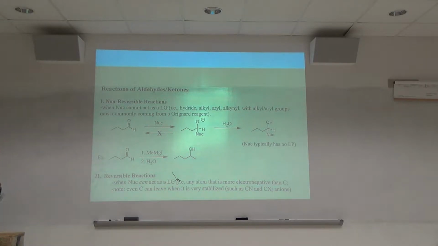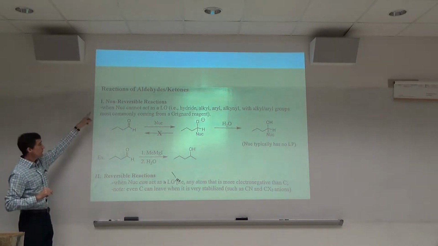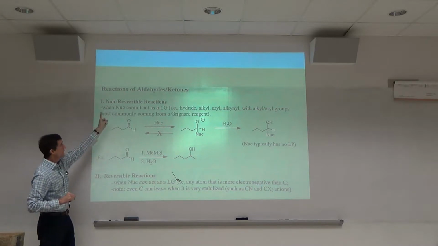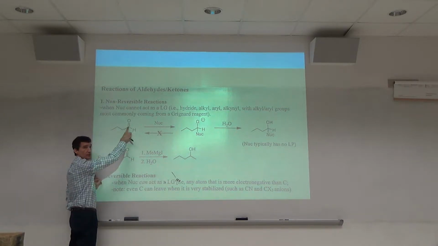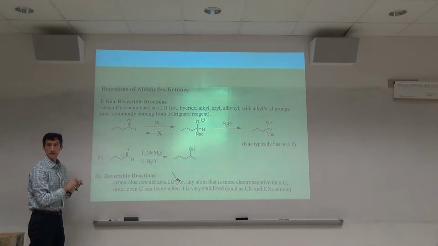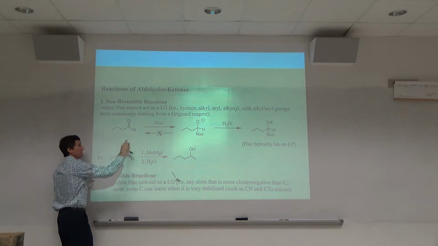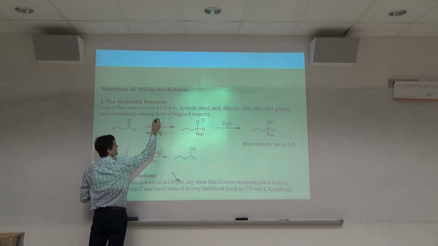Okay, two types of reactions. Roman numeral 1 and Roman numeral 2. Non-reversible. Now the reaction is we're going to add a nucleophile to the carbonyl. We've been doing that for 3 weeks at least. Typically the nucleophile has a lone pair.